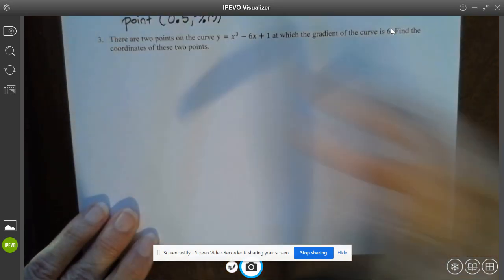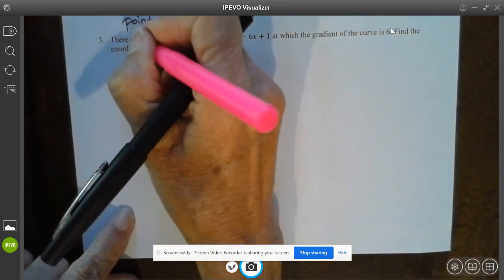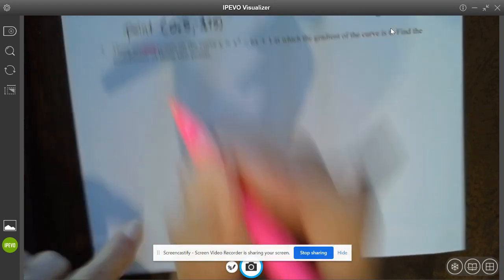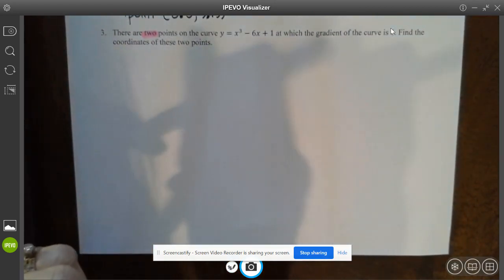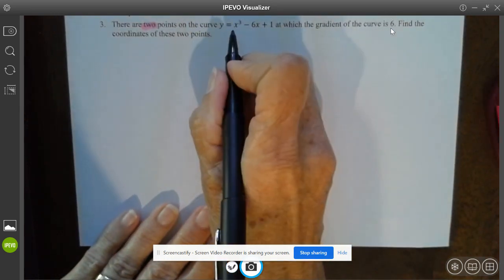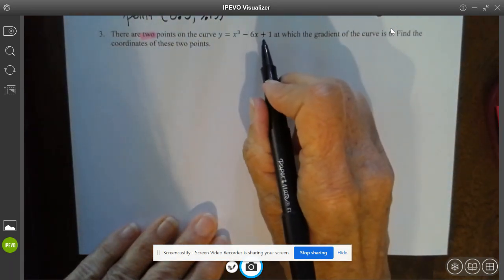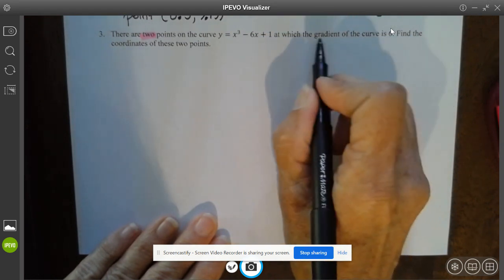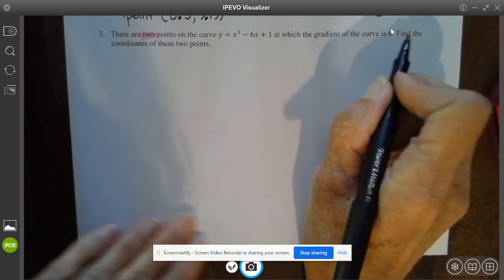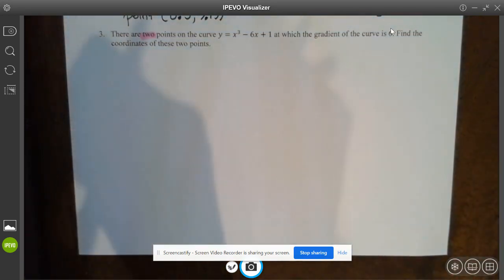Now we say there are 2 points on the curve y equals x to the third minus 6x plus 1, at which the gradient of the curve is 6. Find the coordinates of these 2 points.